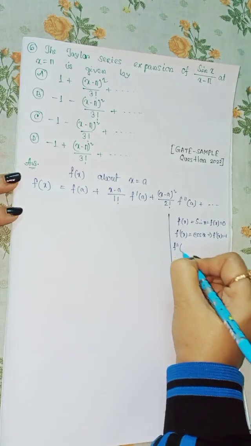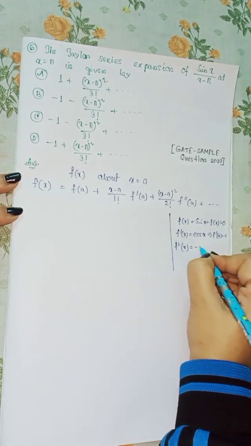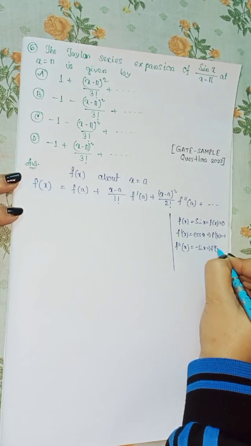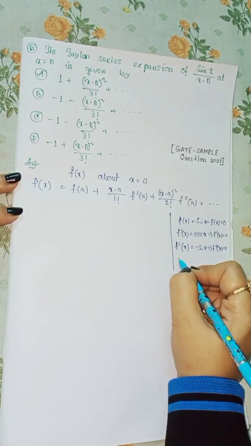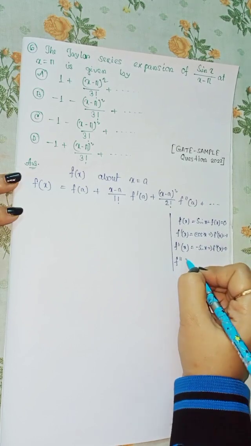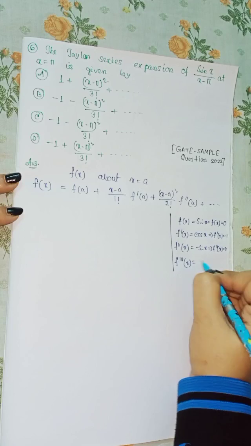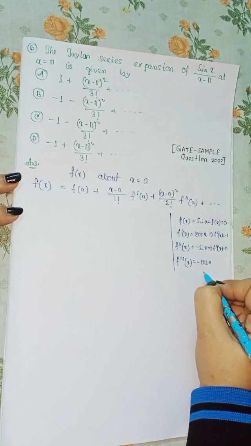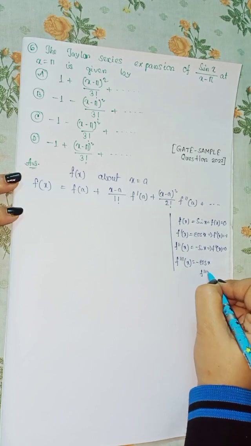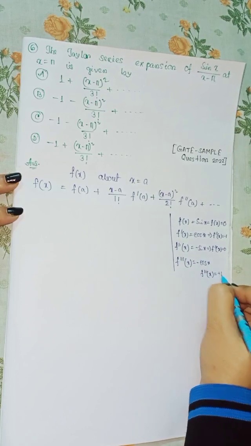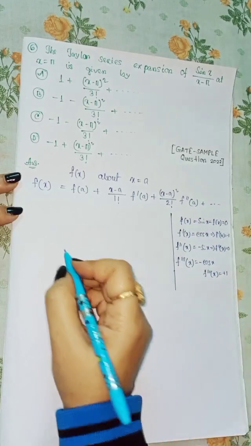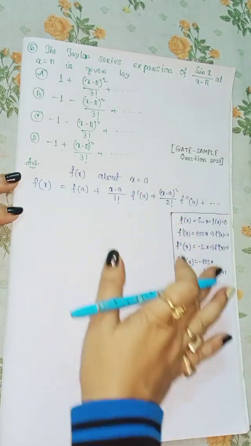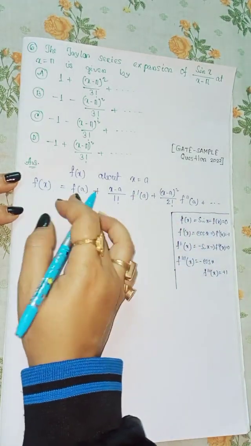Again f double dash x is equal to minus sin of x. That implies f double dash x is equal to 0. F triple dash x is equal to, again differentiate, so here we get cos of x. Now f triple dash x is equals to plus 1. So for our solution we make this.